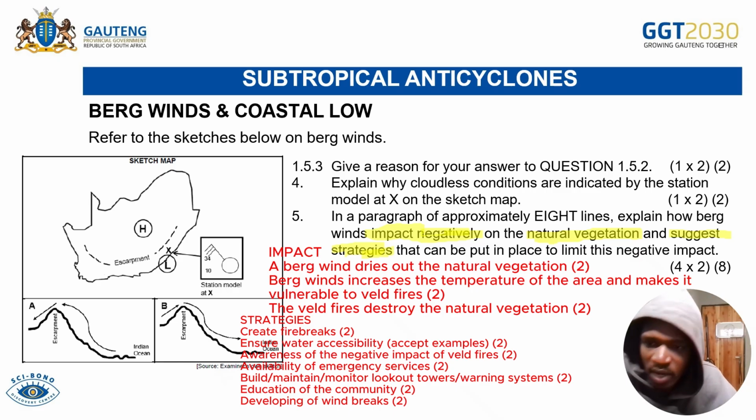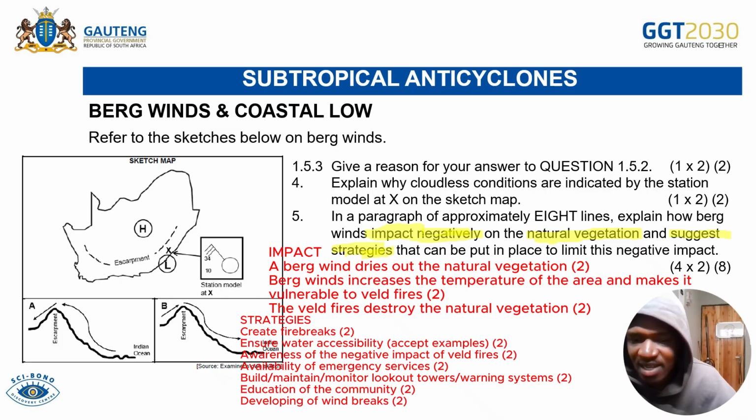You can create awareness of the negative impacts of wildfires. If you create awareness, then other farmers will also know exactly what to do in winter, because this is where we get our Berg winds. So in winter, all the farmers can be prepared for wildfires. Now, when it comes to strategies, it's very important for you to know that you can always create awareness.